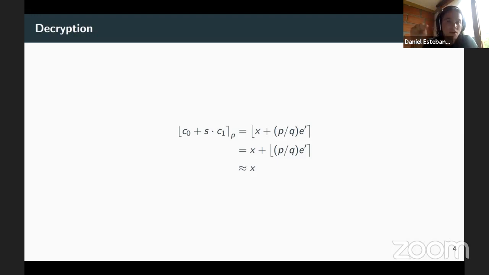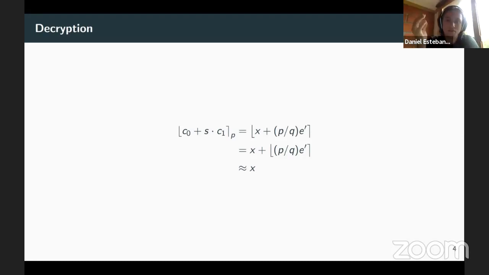If you take this linear combination, C0 plus S C1, and then you round to P, then after you do the math, you end up with this rounding of X plus P divided by Q times some error, E prime. Because X is an integer, it can actually go out of the rounding.